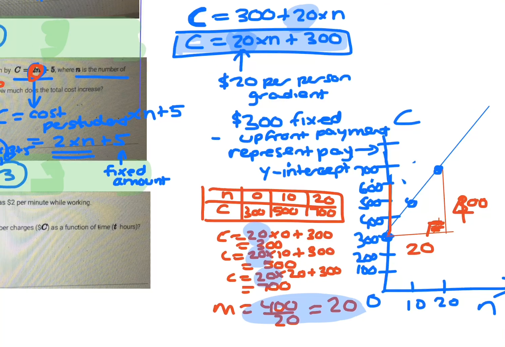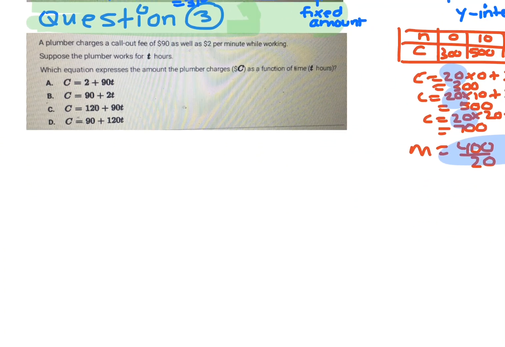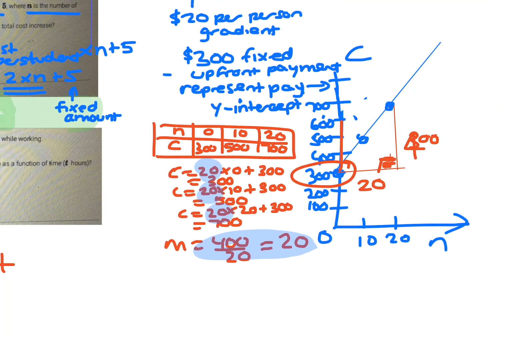Okay, so I just want to look at this last one. This is another linear model example. A plumber charges a call-out fee. The call-out fee is $90, so the cost is $90. That's your fixed amount or your y-intercept. Just notice this one too, how I said that 300 was the y-intercept. You can see it intersects the y-axis there at 300, okay?